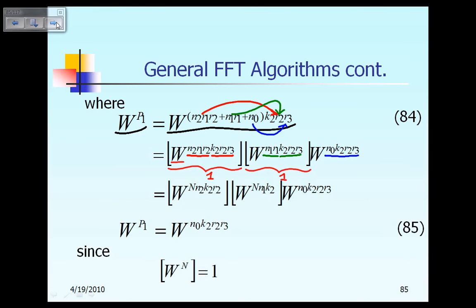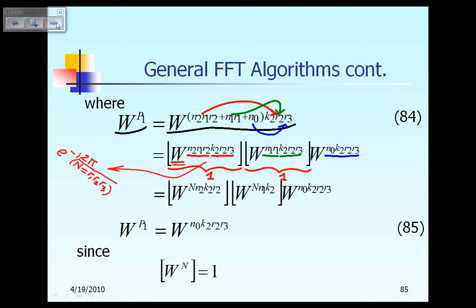In case you forgot, let me try to help you a little bit. For example, how do we prove that this term here is equal to 1? Well, first, the definition of W is what? W is defined as E raised to the power minus I times 2 pi divided by capital N. But don't forget, in this case, capital N is equal to the product of R1 times R2 times R3.